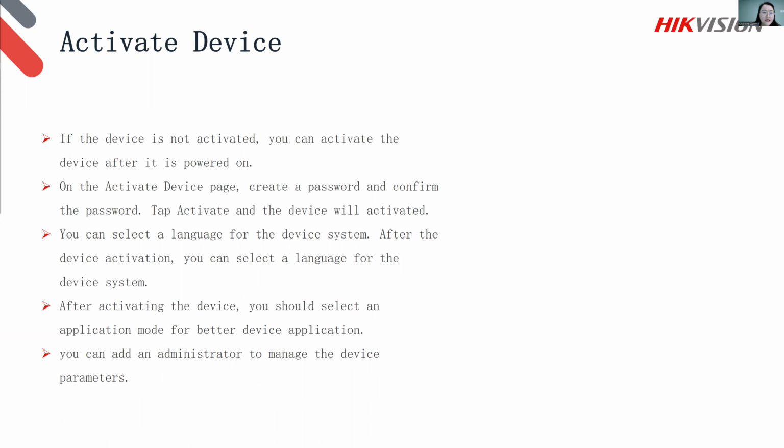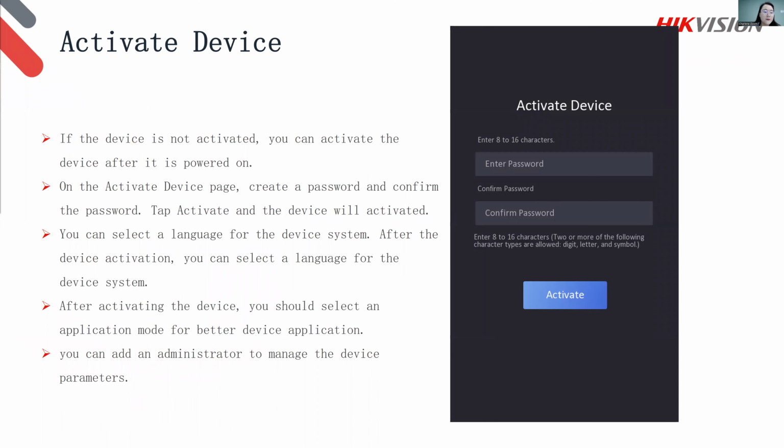For activation, we power on, but here we need to double check the spec, because for our MIMO terminal we need to check the power supply, like 12 volt, 1 amp, or sometimes for the big one we need 3 amp. This is what we need to check before we power on.